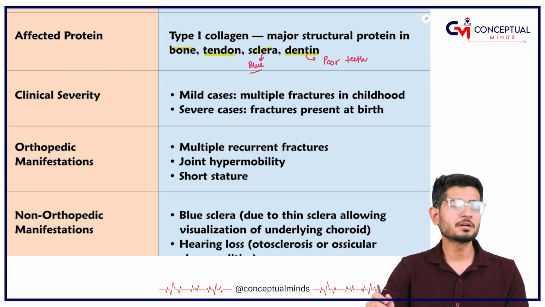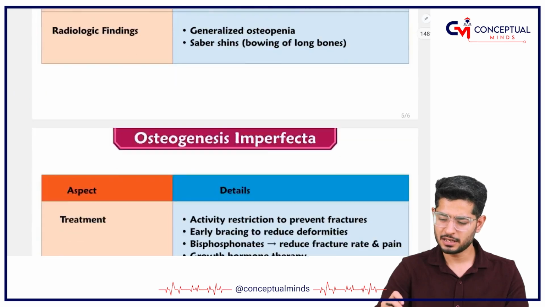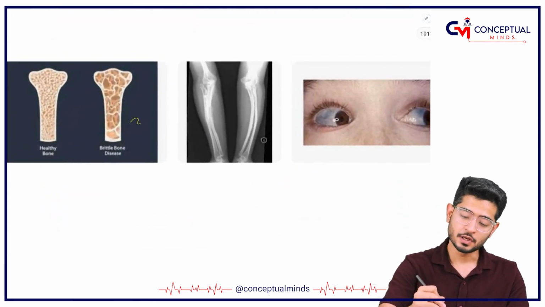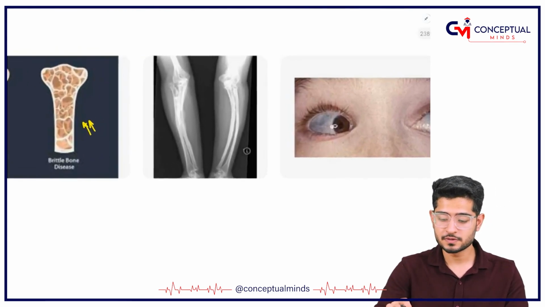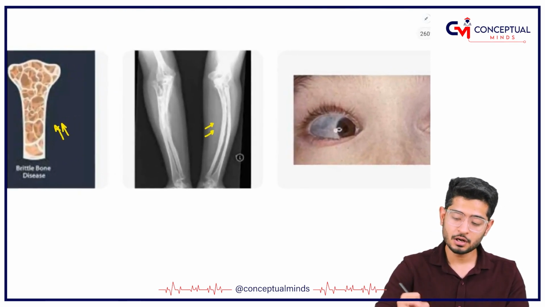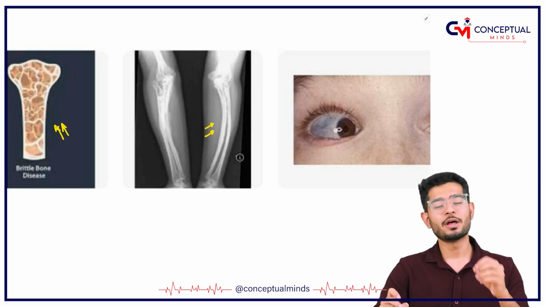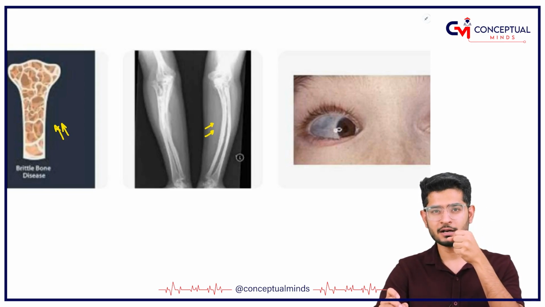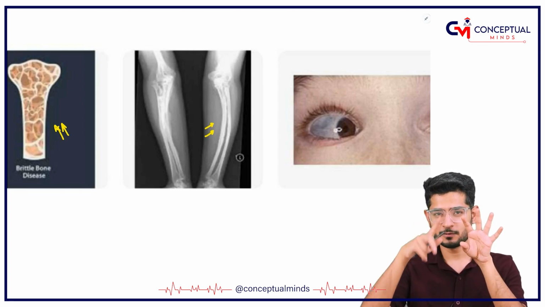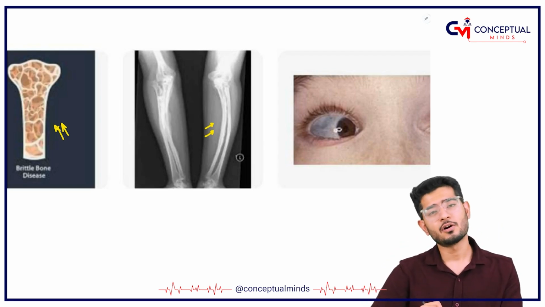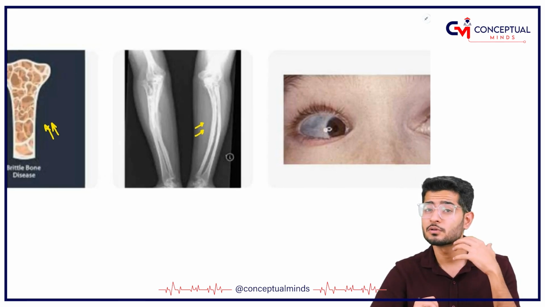If the examiner gives you a history of multiple fractures, brittle bones, and curved bones, why? Because they are not strengthened enough. Have you visited a park where one stick is very hard and the other bamboo sticks are curved? Because they are not very strong. That's why in osteogenesis imperfecta you have curved bones, because they don't have the strength.